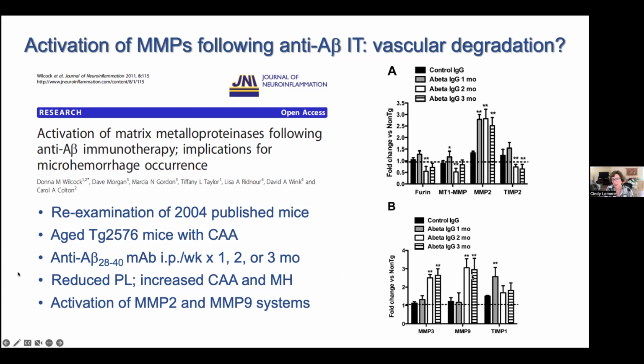Then starting around 2 and 3 months following immunization dosing, she started to see an increase in MMP9 and again a reduction in TIMP1, at least compared to 1 month of immunization. So it looks like both the MMP2 and the MMP9 systems are at play here.